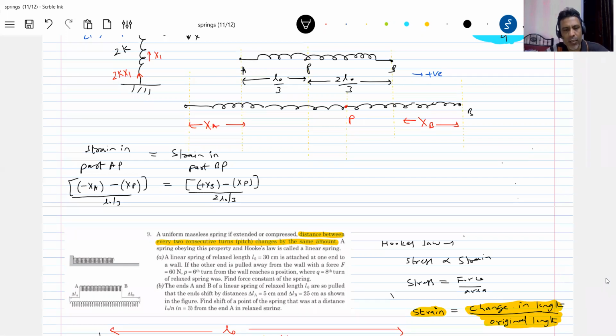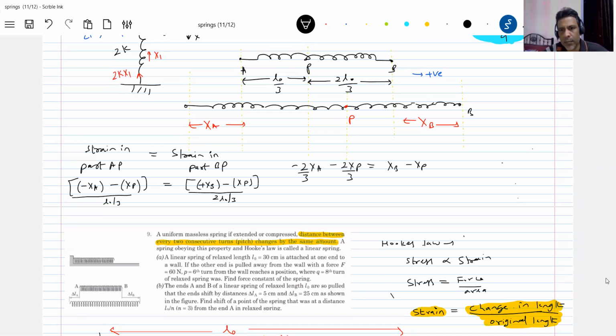Okay, solve this, and you'll get the displacement of point P. Anybody got the value? L0 by 3 gets cancelled, so this will be minus 2XA minus 2XB, 2 by 3. So 2 by 3 is equal to XB minus XP.